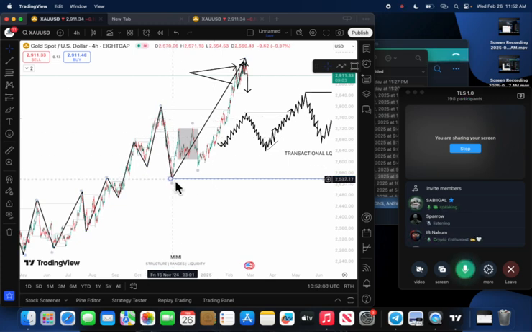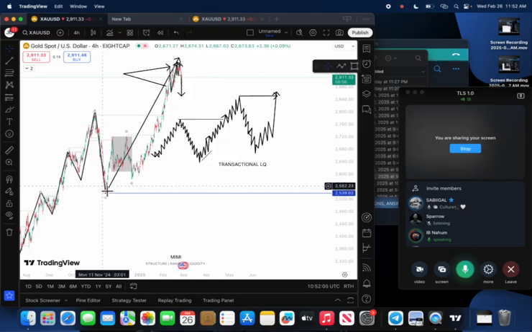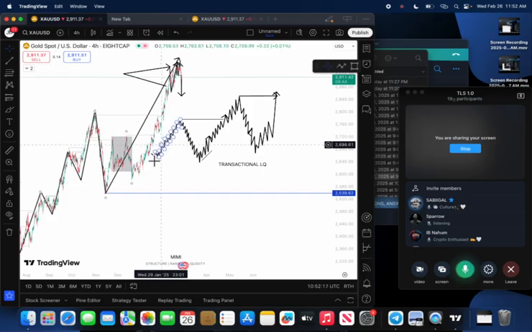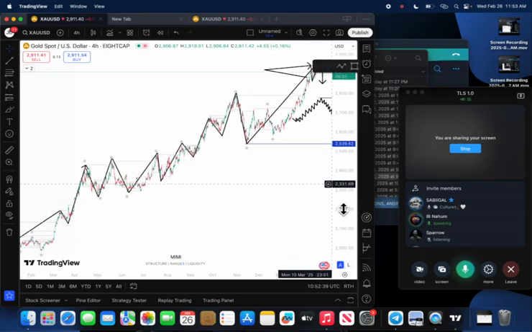Those internals there, after the inducement, the place where the market was ranging, before the uptrend continues. After the market took out that inducement, do we start counting our internals from those little ones that were forming?